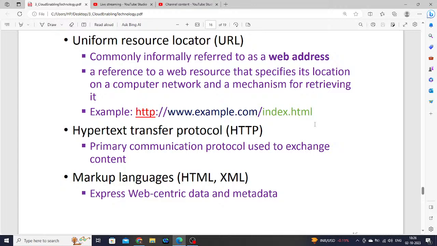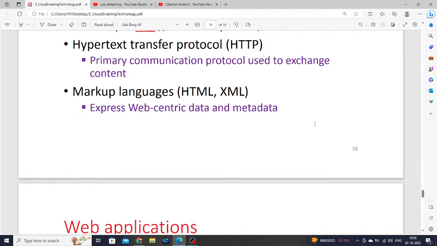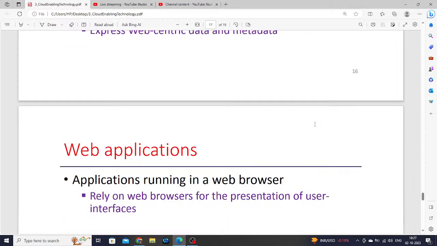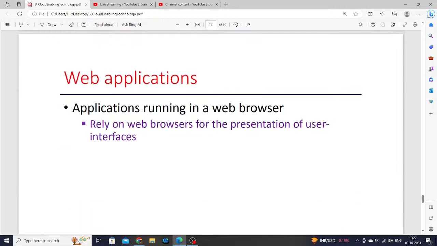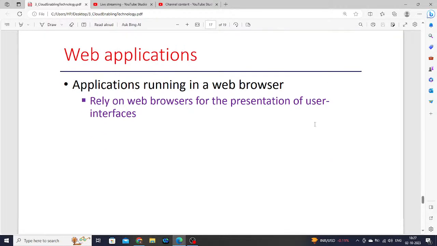So HTTP, your hypertext transfer protocol, is the primary communication protocol used to exchange content. Markup languages HTML and XML express web centric data and metadata. Web applications running in a web browser rely on the browser for the presentation of user interfaces.